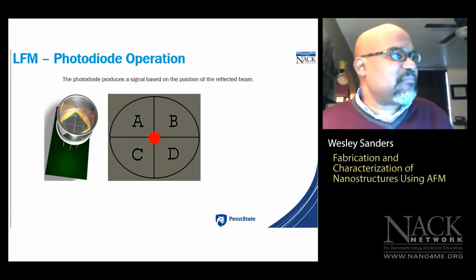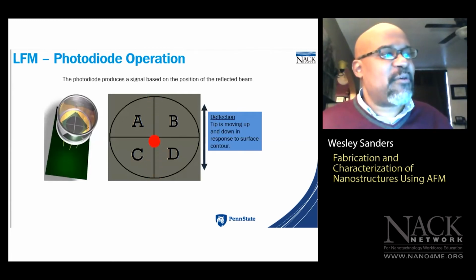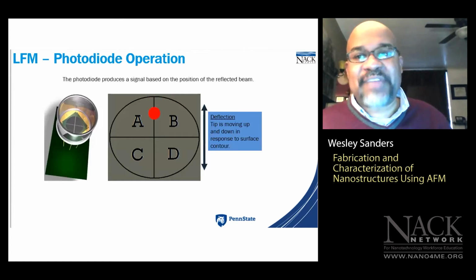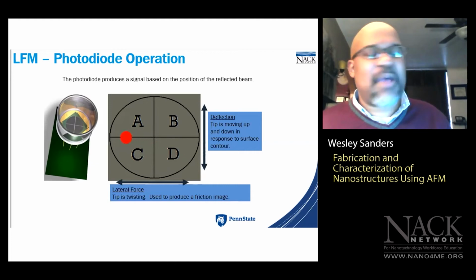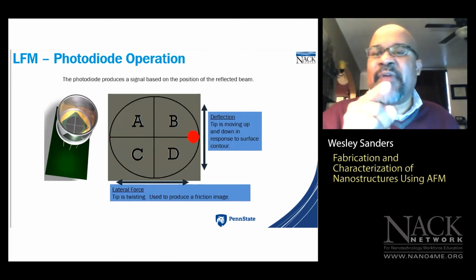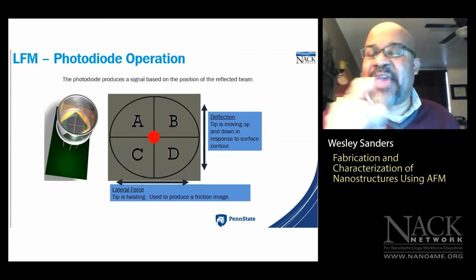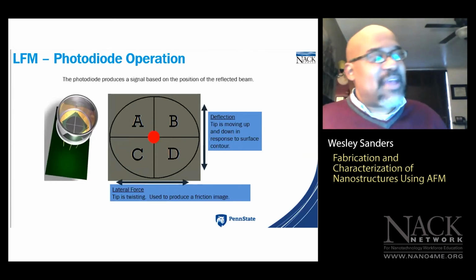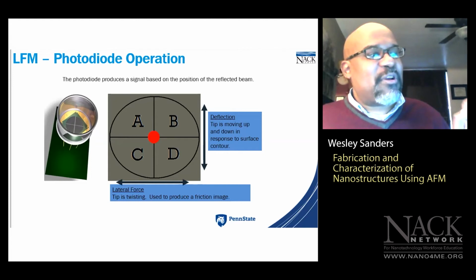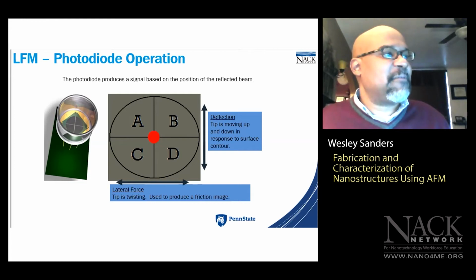As the AFM system operates in the lateral force microscope mode, we have our standard vertical deflection that allows us to continue to record surface topography. And we also have a lateral motion, right? The laser spot can move horizontally across the photodetector due to the twisting motion of the cantilever. That means we can record topography and friction at the same time using lateral force microscopy.